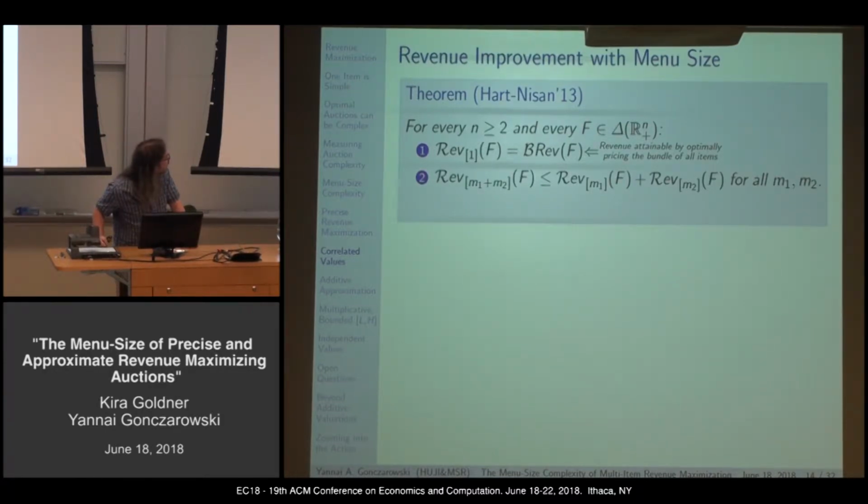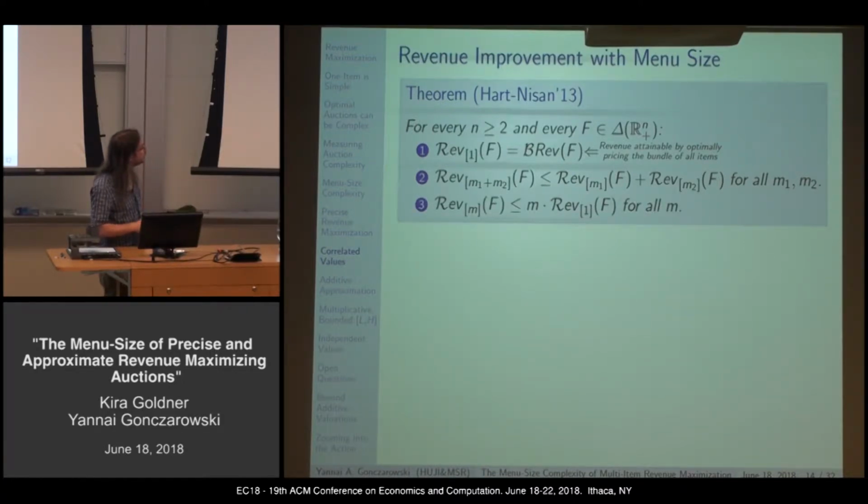Second, this is a kind of sub-additive result. The revenue that you're going to attain from a menu size of 20 is at most the sum of the revenues that you're going to get from a menu size of 5 and a menu size of 15. So you get diminishing returns in some sense.